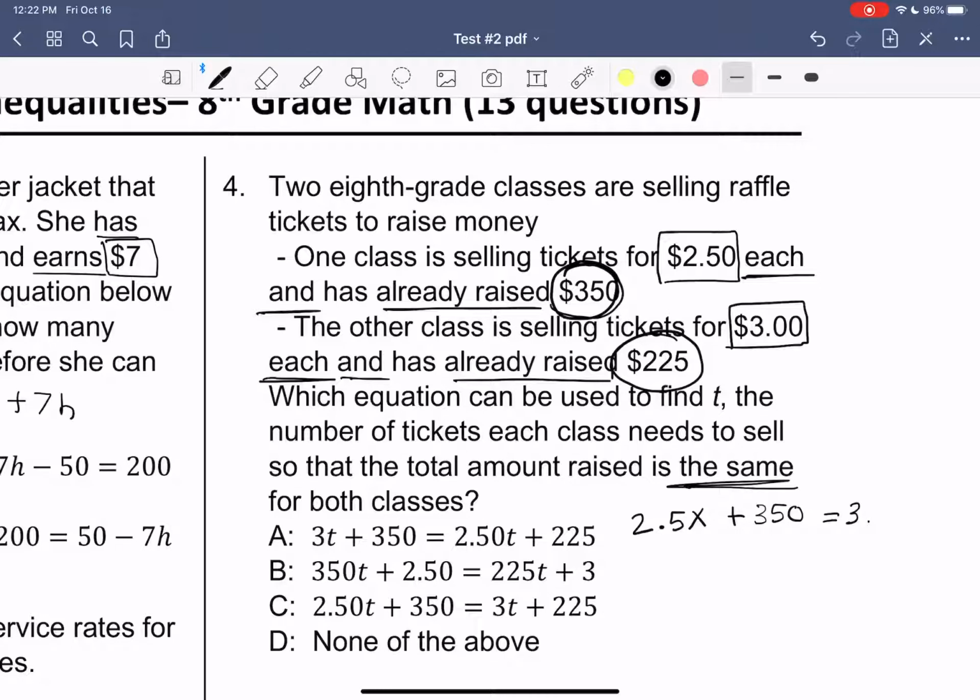So you could do 3.00 or just 3x plus 225. So then we're going to find the one that matches this, which is C. And just going to point out that we could have eliminated this B right off the bat because it had the variables switched and the constants.